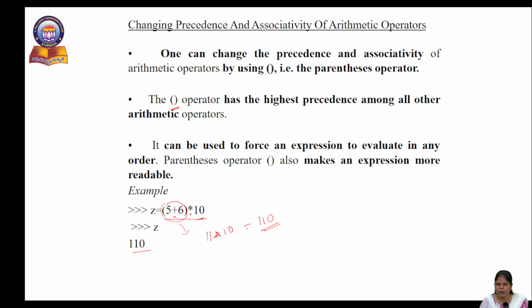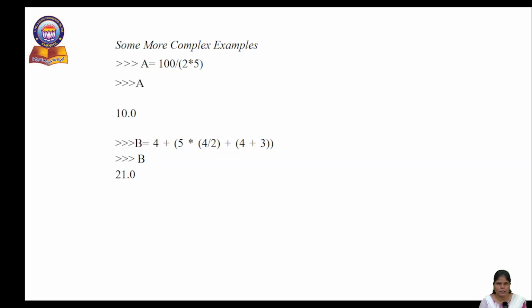The 110 will be stored again in z. Here it follows left to right, whereas when you consider z equal to 5 plus 6 into 10 as a whole, it follows right to left associativity. Right? So this way, using the parenthesis operator, you can change the associativity and precedence of the arithmetic operators.